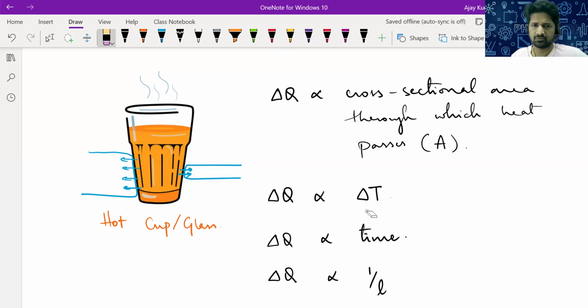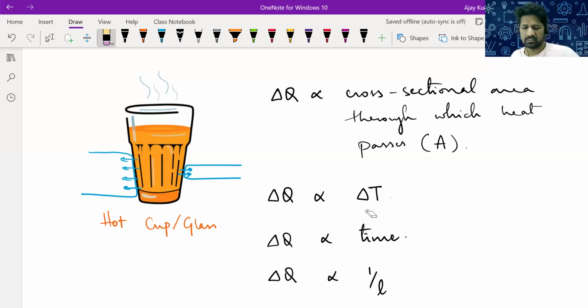Metals allow very quick transfer of heat. Wood, some kinds of fiber, they allow slower transfer of heat. So how quickly heat gets transferred, or in a given amount of time how much heat gets transferred, depends on the material as well.